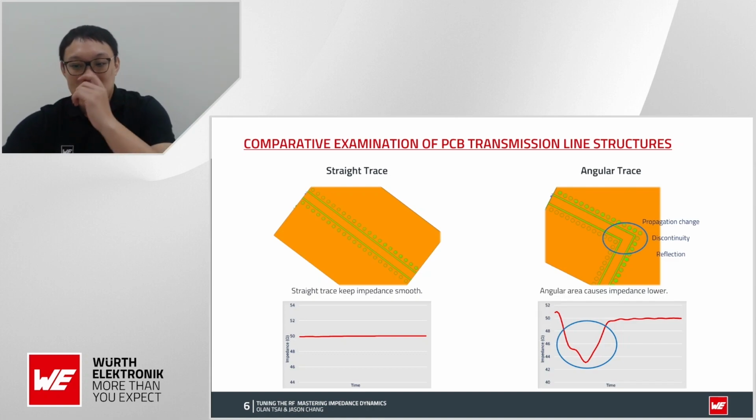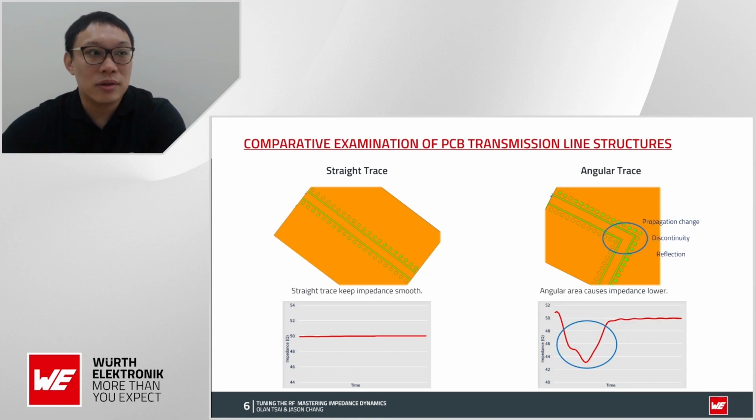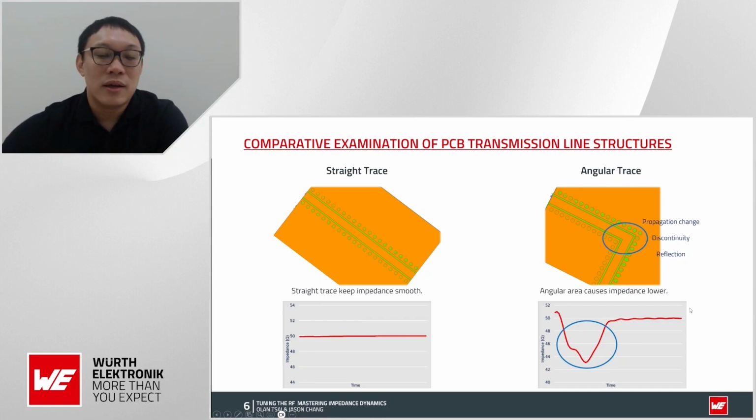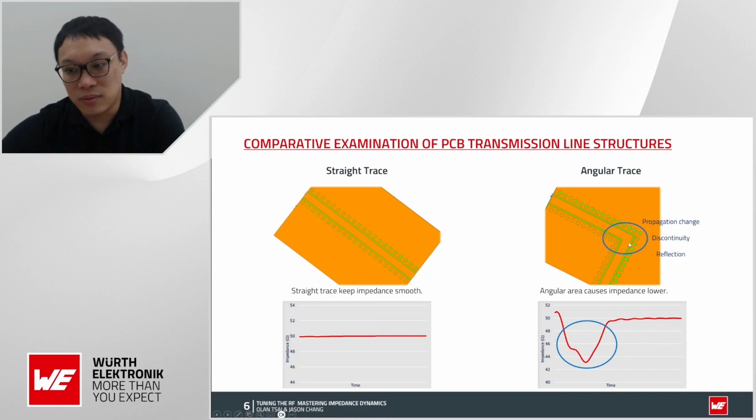You can see that without a good tuning, if you just give it a right angle here on the PCB trace line, the impedance tends to get low. The basic reason behind this is that the path changes when it is turning the right angle, and this turning causes the discontinuity.